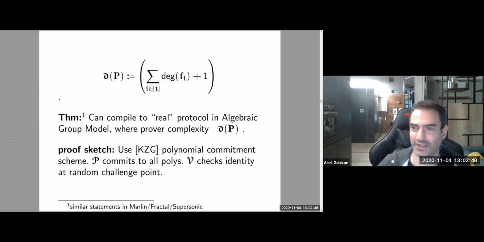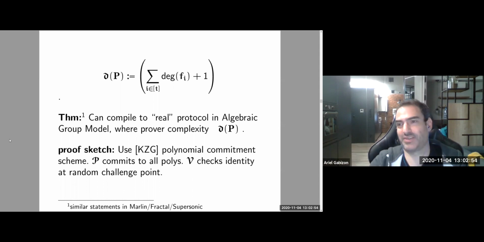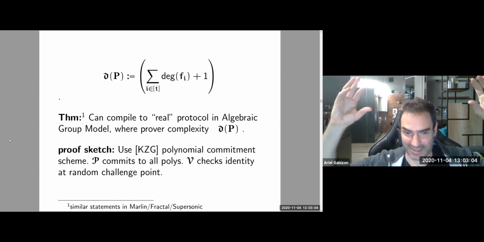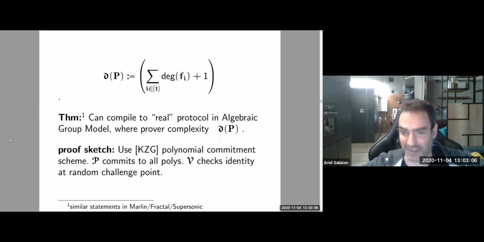And just to give you a feeling, how does this compilation work? In the real protocol, whenever the prover sends a polynomial to the ideal party, he sends a commitment to the polynomial to the verifier. And if in the ideal protocol the verifier asks the ideal party, does this identity hold?